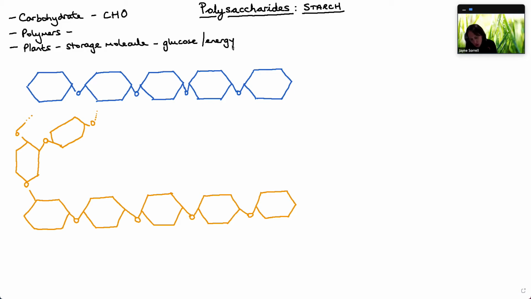There are 2 types of starch, one of which is amylose, and that's this blue picture here. And the other type of starch is this orange picture down here, and this is amylopectin.